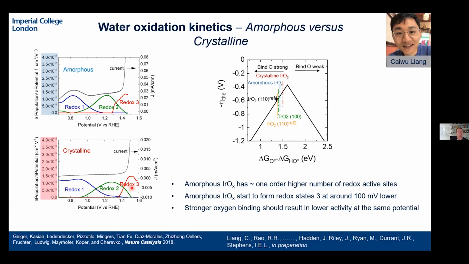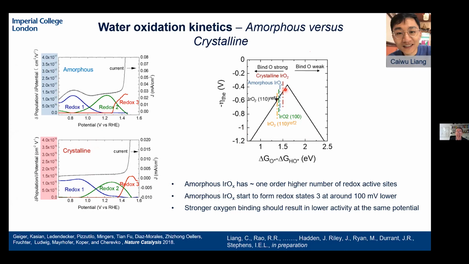We can also see that the amorphous material is able to be oxidized at a lower potential than the crystalline material. The turn on of redox wave 3, which is the catalytic wave, is at higher potentials, which from the trumpet plots I talked about a minute ago would correspond to the idea that it should be faster at oxidizing water.